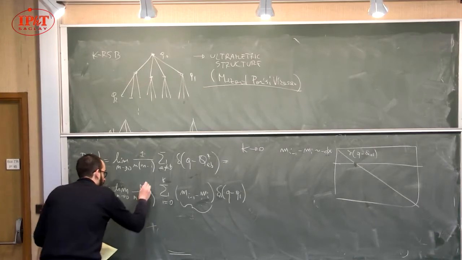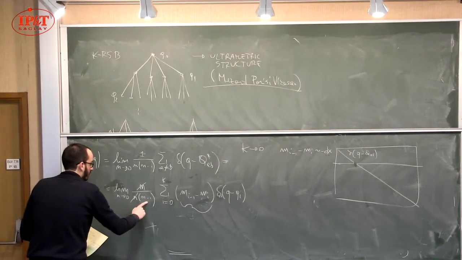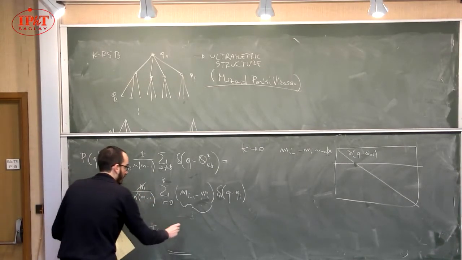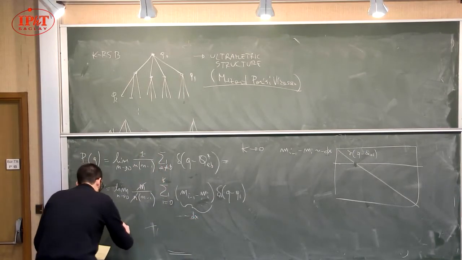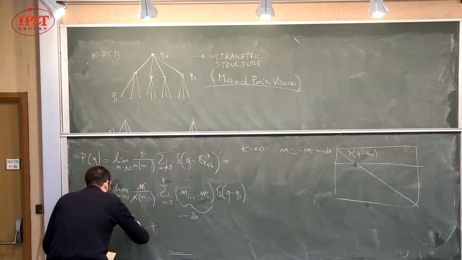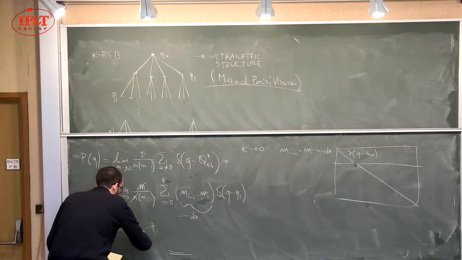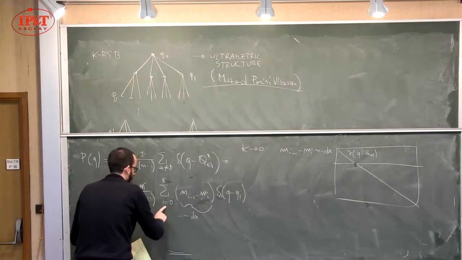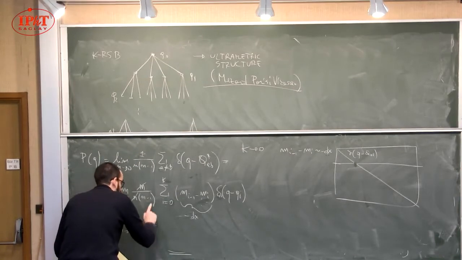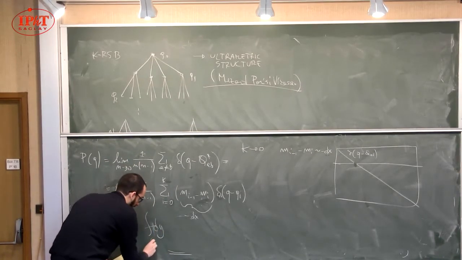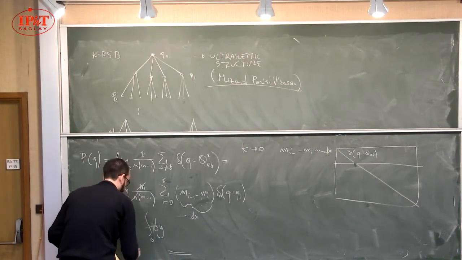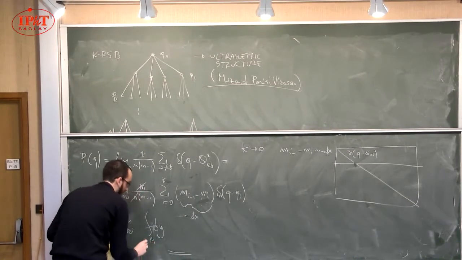You have a minus sign here, and here you have a minus sign that comes from this. So this sum becomes an integral. So you have just the integral, dx, from n to 1.